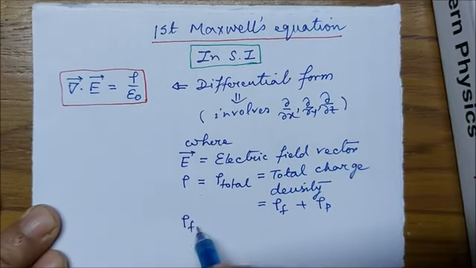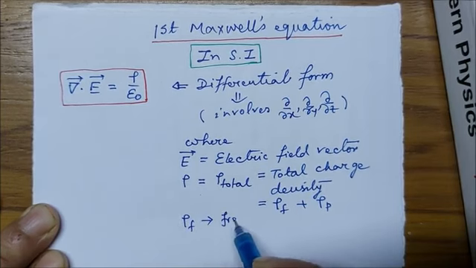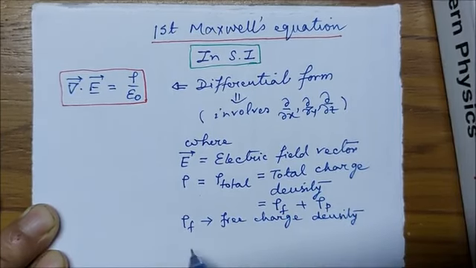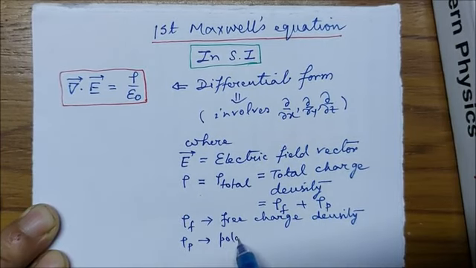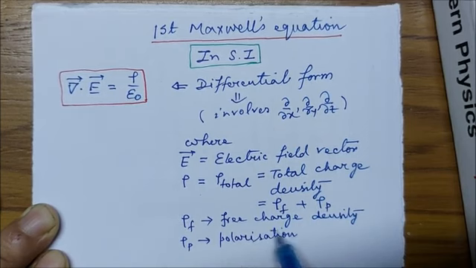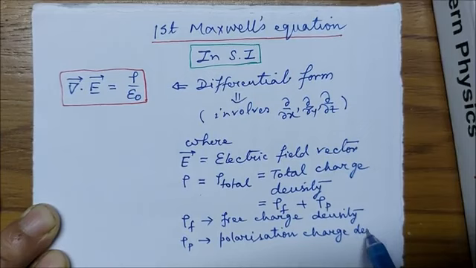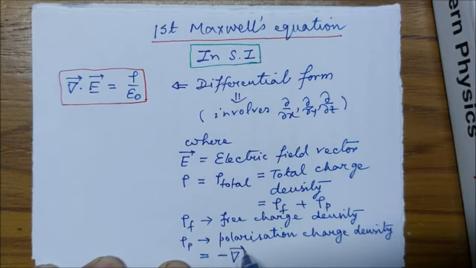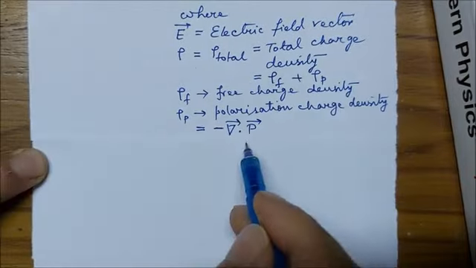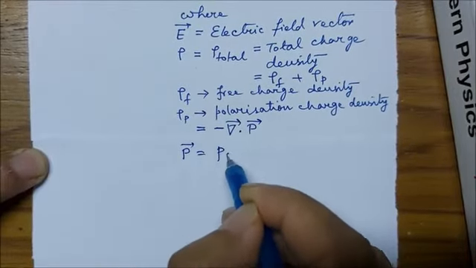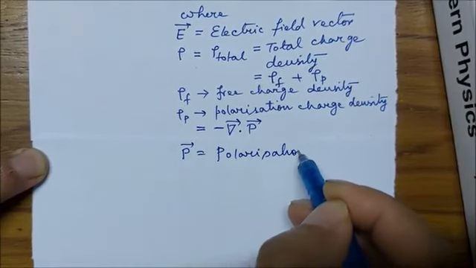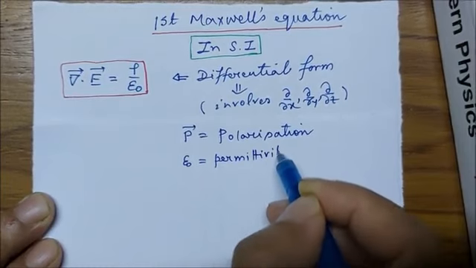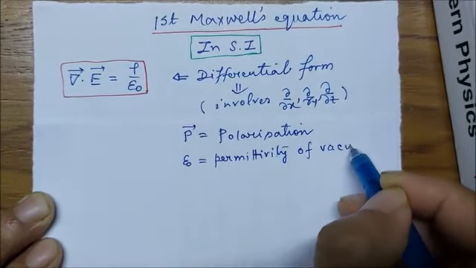One is rho f, where rho f stands for free charge density, and rho p stands for polarization charge density, which is related to the polarization vector through this relation, where vector P is the polarization vector, or often simply called polarization, and epsilon 0 is the permittivity of vacuum or free space.